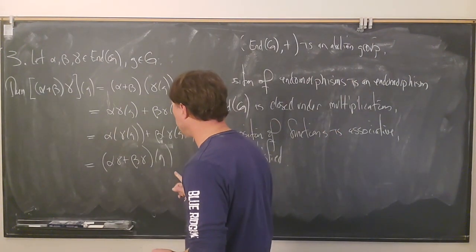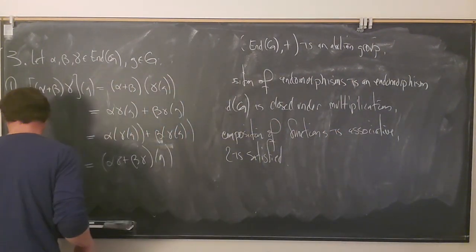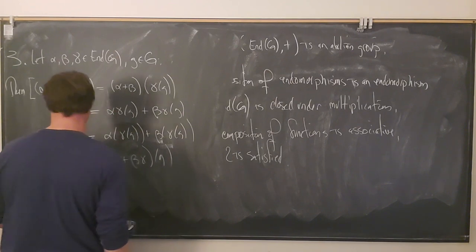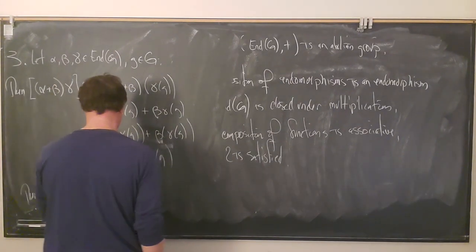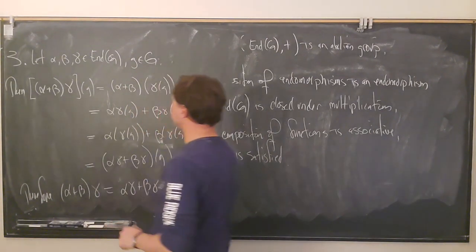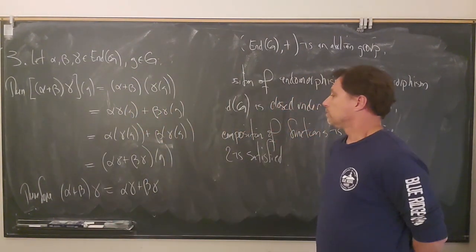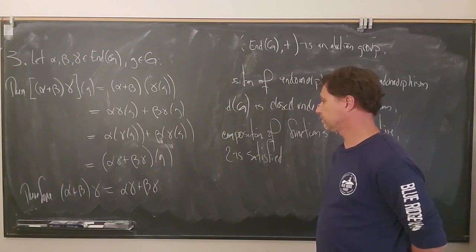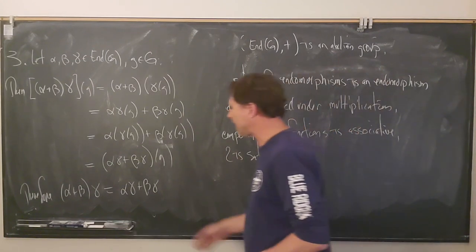Sorry, I got a little stuck there for a second. So therefore, alpha plus beta times gamma is equal to alpha gamma plus beta gamma. Okay, there's our right distributive property.